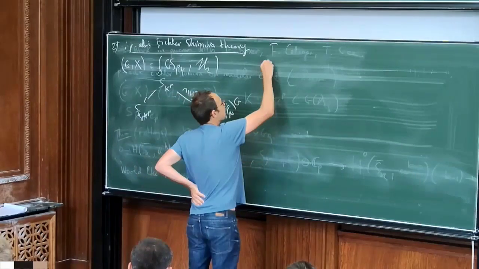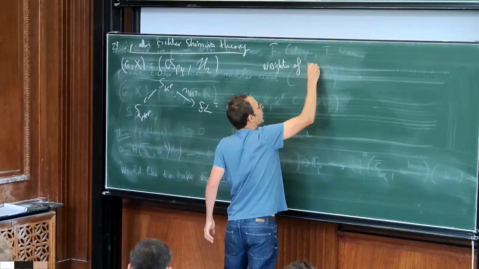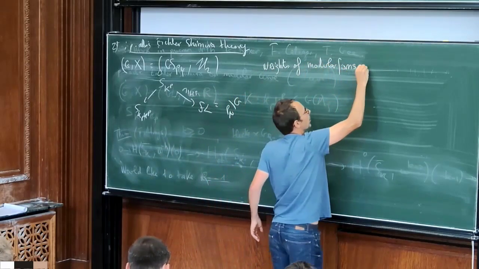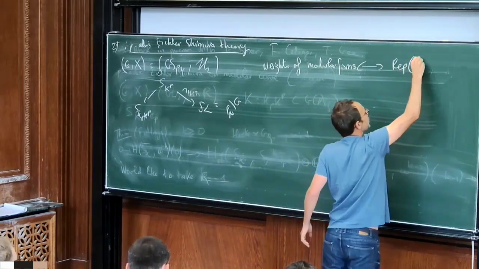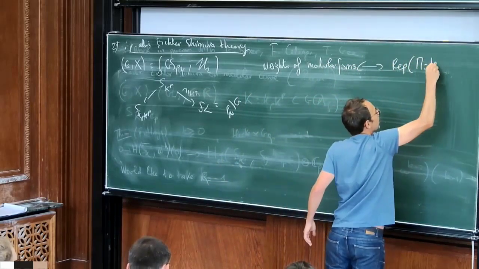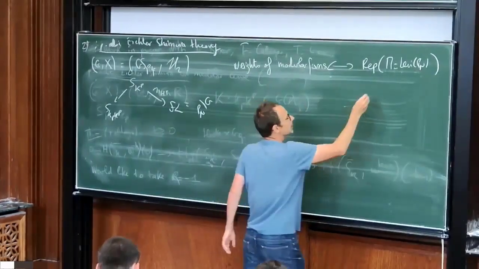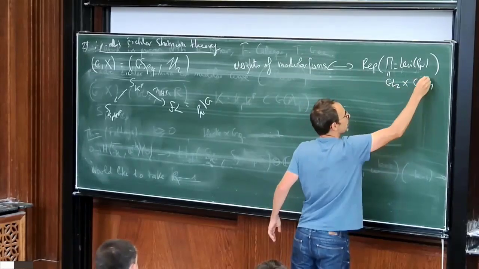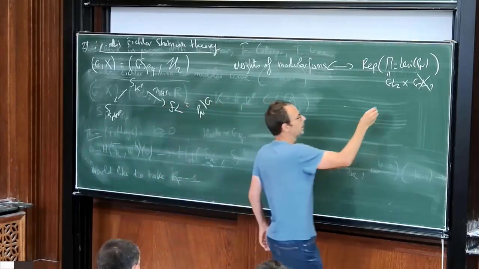So now, what are the weights of modular forms? Well, they are the same thing as algebraic representations of the Levi M of P_mu. This Levi is GL2 times some GL1 factor that we're going to ignore, because this is the center of the group.